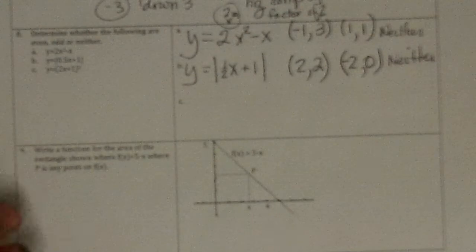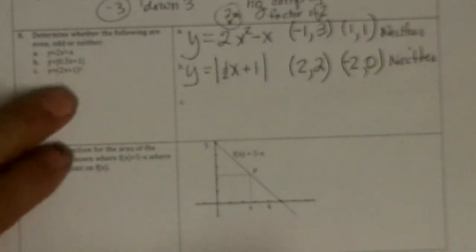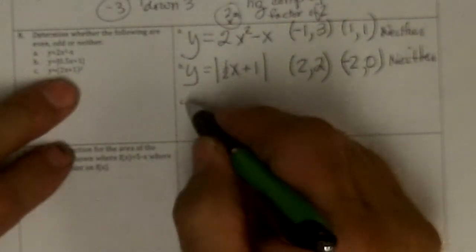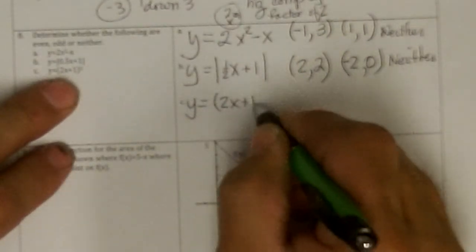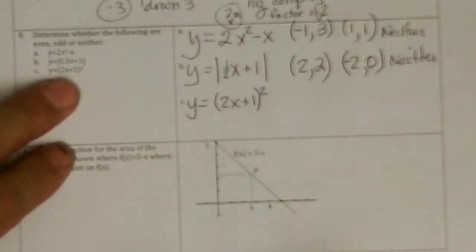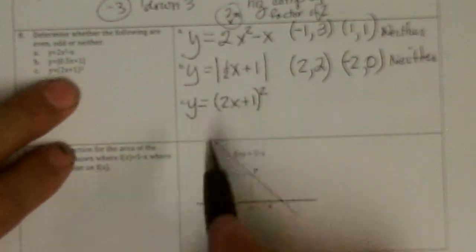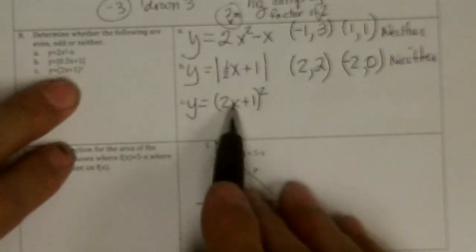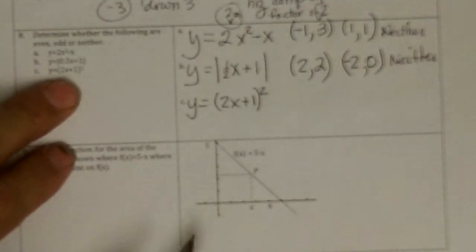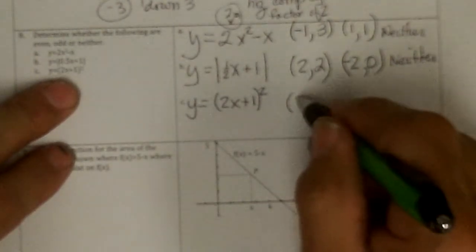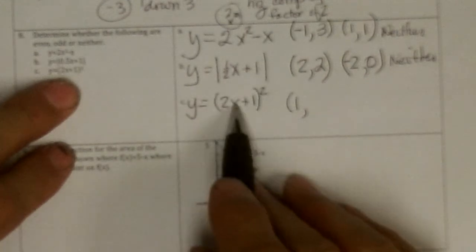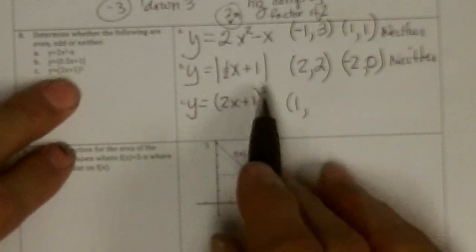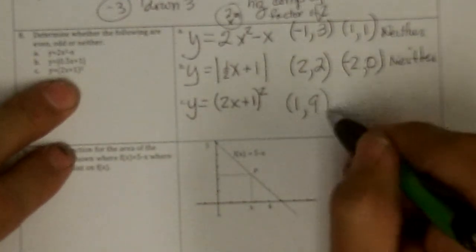And C. That looks squared. That looks like it could be even. Let's find out. So I'm going to put something in here that's easy, but it's got to be able to tell the difference between positive and negative. So I'm going to put in 1 again, or negative 1 first. I don't care. I'm going to put 1 in. 1 times 2 is 2, plus 1 is 3, squared is 9.